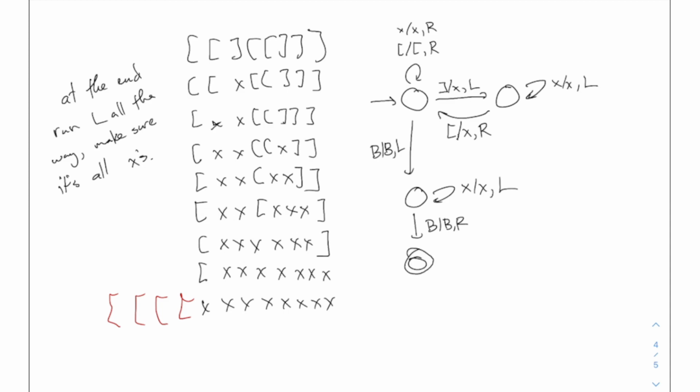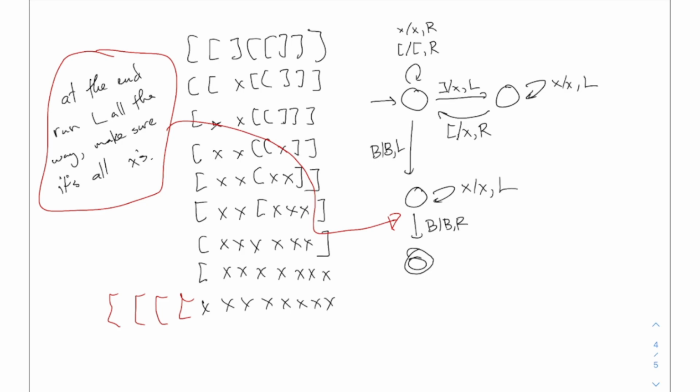Can you just go off the second state, and then only go to the left? I think then you will not notice if there were extra right brackets. Yeah, you have to at some point run all the way through to the left and also to the right to make sure that it's good. This is a little confusing, but all this business here is what's accomplished by that state right there.